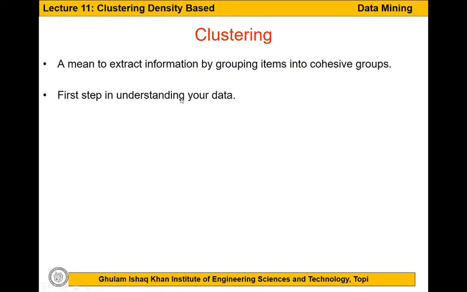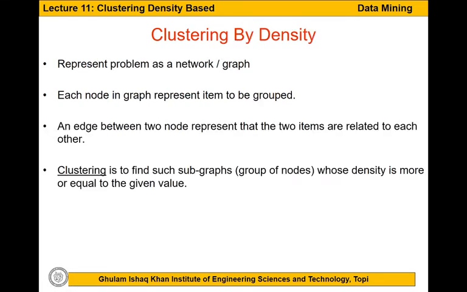Okay, this we already know, so I am skipping this because I already explained clustering in detail. The graph is a problem representation scheme which represents the data or a problem as a network or graph. Each node in the graph represents an item to be grouped, right?